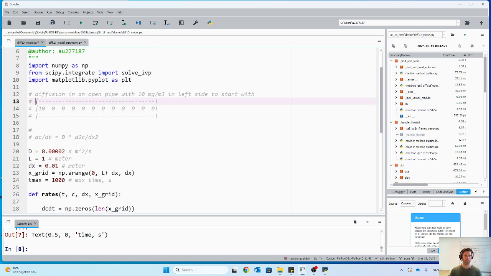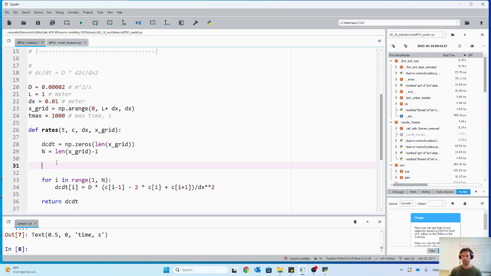So by closing these ends of the pipe, it actually means that we have a flux that is equal to 0 at the boundaries. There's no flux across this barrier here. This situation where you fix the flux at the boundaries is called the Neumann boundary condition. And in this specific case, the flux is equal to 0, which is the most used case of the Neumann boundary condition.